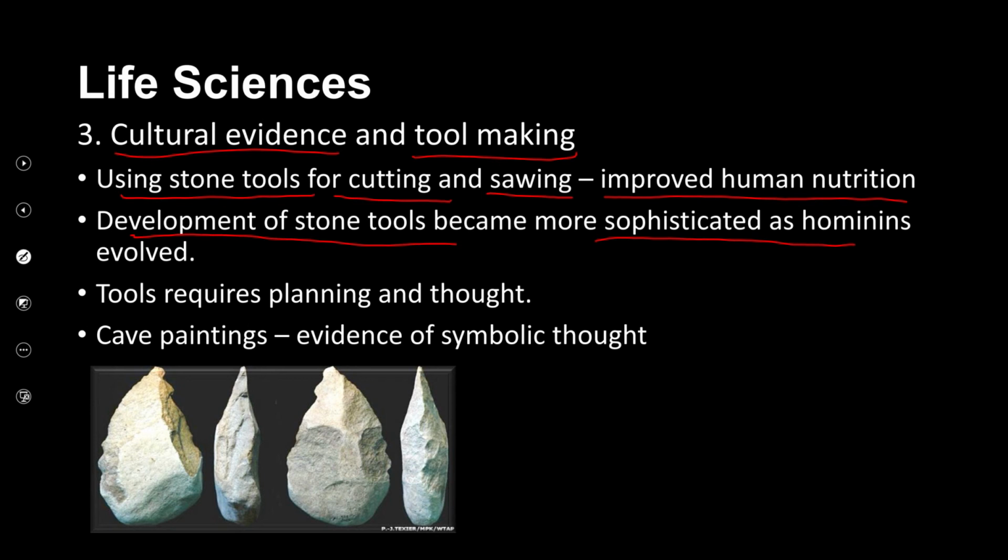Okay, the development of stone tools became more sophisticated. In other words, they weren't just basic. Here you can see in this picture a basic stone where they've created a sharp edge. Then they became a little bit more sophisticated. This one is more elongated and has a sharper point at the top.